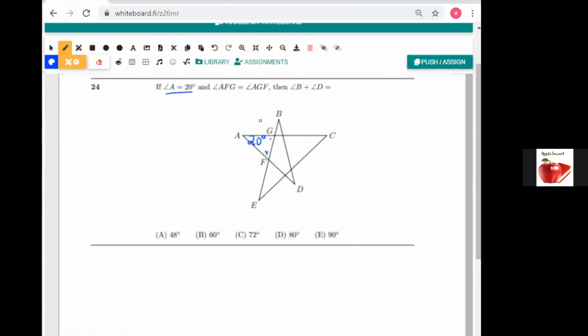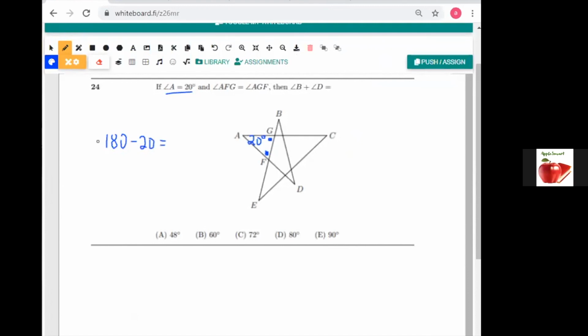AGF and AFG, these two are the same. Can you remind me how to find out what that angle is? 180 minus 20 equals 160. 160 divided by 2 equals 80. So these two angles are 80.